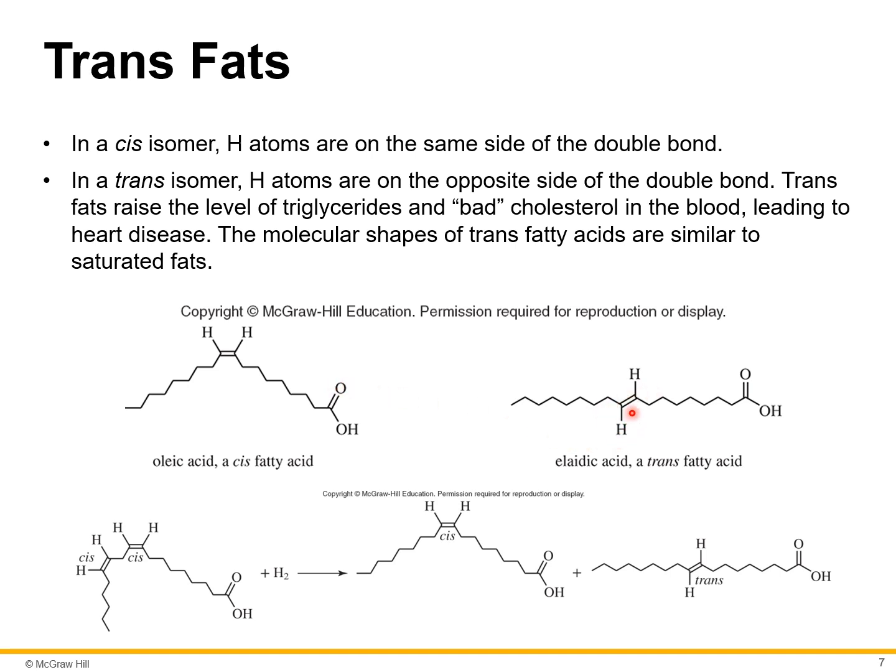So if we look at the double bond here, the H's, the hydrogens, are opposite to each other. They are trans to each other. Versus in this case, the H's are cis to each other. They're on the same side of the double bond. So again, I should mention the double bond here. This is a carbon with another carbon with a double bond in between them.